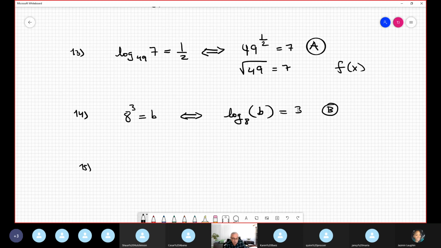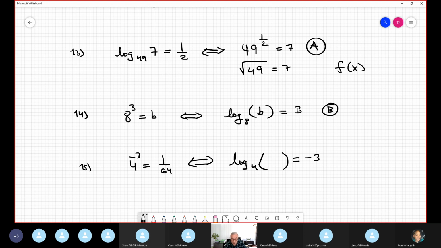15. 15 is 4 to the -3 equals 1 over 64. I convert to the logarithm statement. Log, the base is 4. I open the parenthesis. The answer here is -3, which is the exponent.